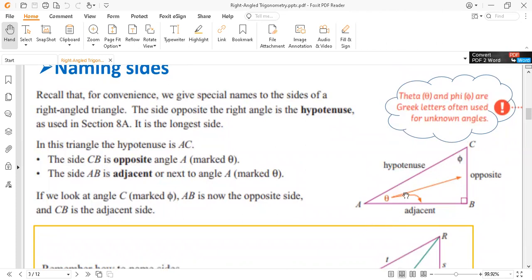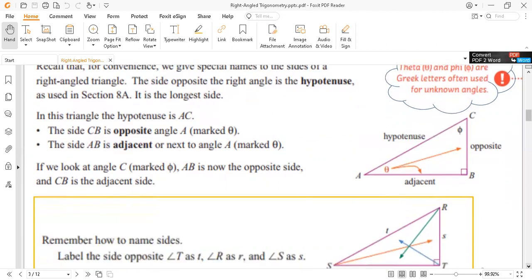What do we mean by complementary angles? We mean that the sum of the remaining angles equals 90 degrees, because the sum of the angles in a triangle equals 180 degrees. So if we have a 90, the sum of alpha, phi, and theta equals 90 also.